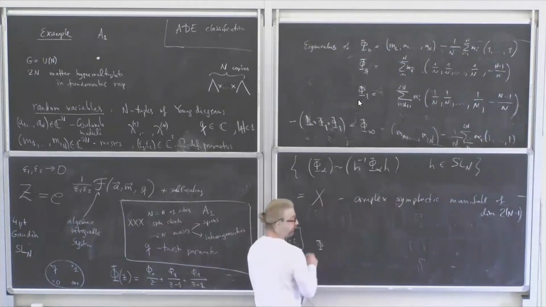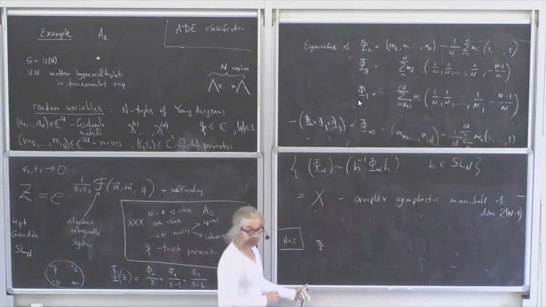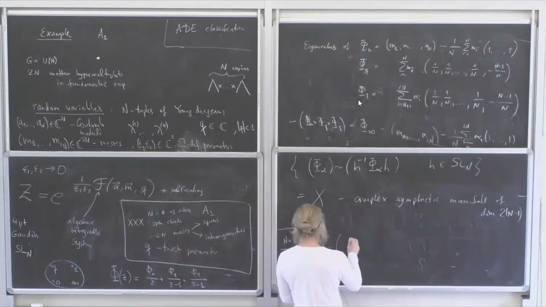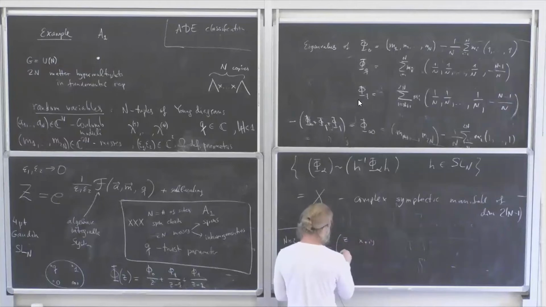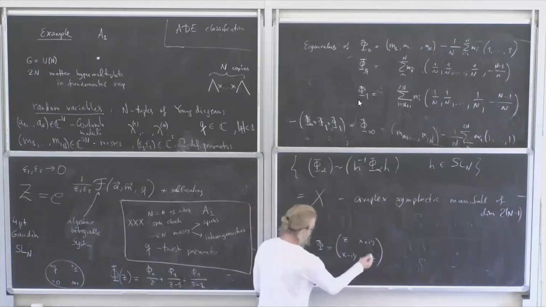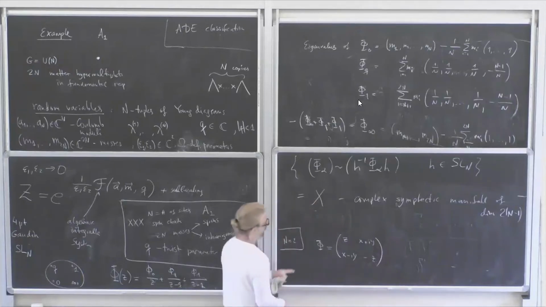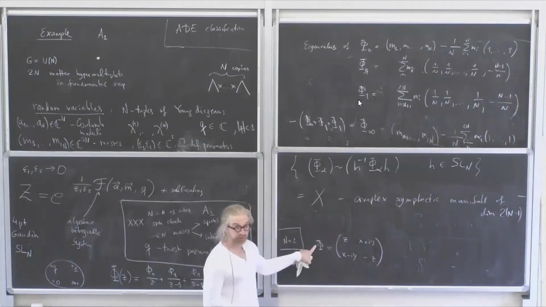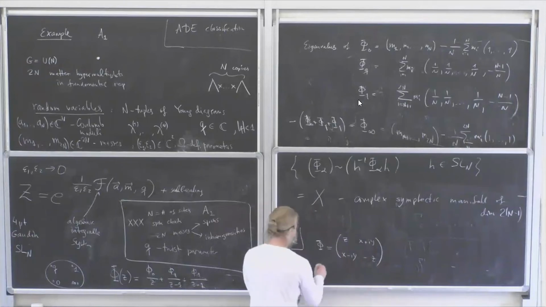If n equals to 2, every traceless 2x2 matrix can be written in the form z, x plus iy, x minus iy, minus z. Knowing the eigenvalues of the matrix phi means that you know x squared plus y squared plus z squared.